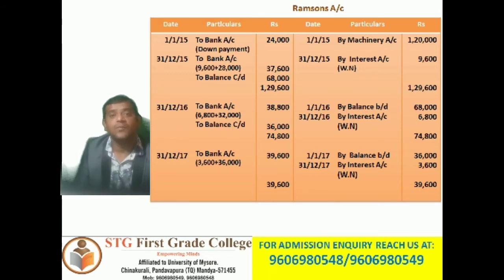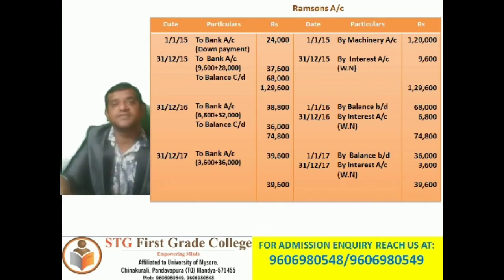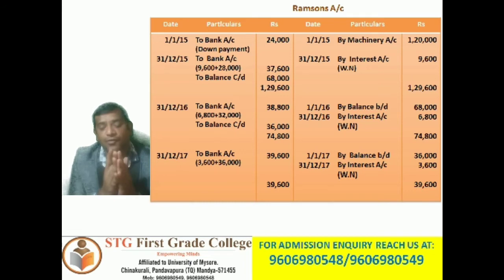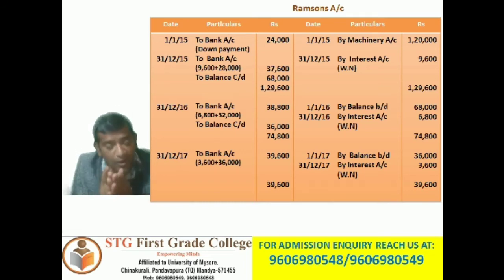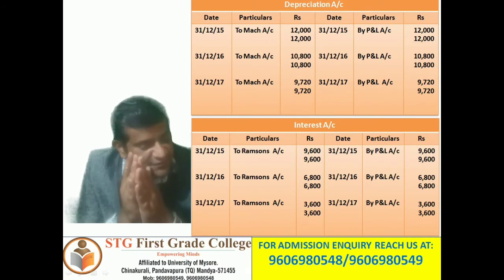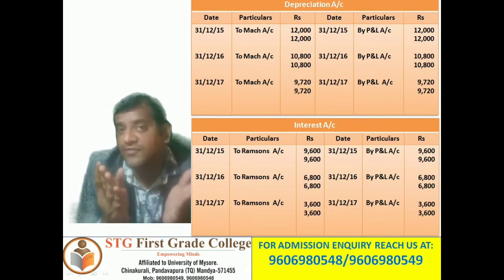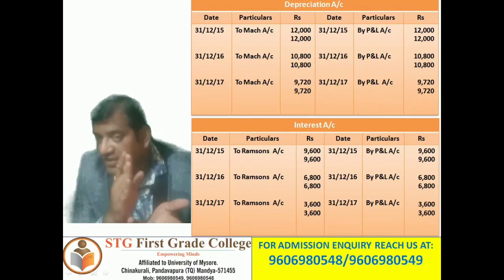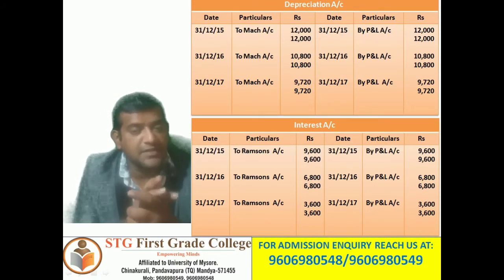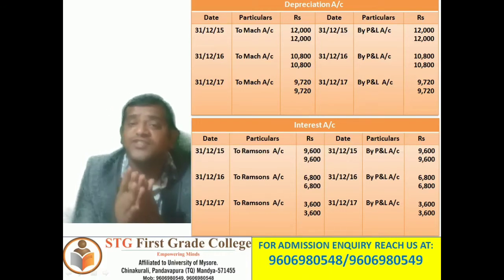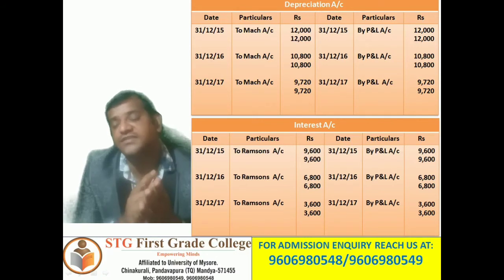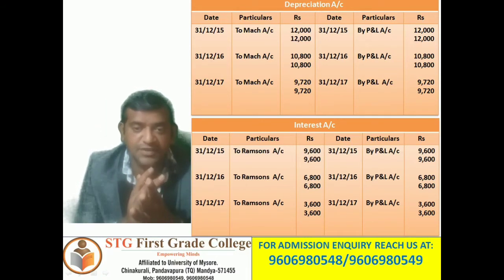Next we are moving further towards the depreciation account and interest account. Clear? So now depreciation account, you all know that. So that is very simple. 31st 12 2015, to machinery account, what was the first year depreciation? 12,000. By P&L account, 12,000 on the same date. 31st 12 2016, to machinery account, 10,800. 31st 12 2016, by P&L account, 10,800.